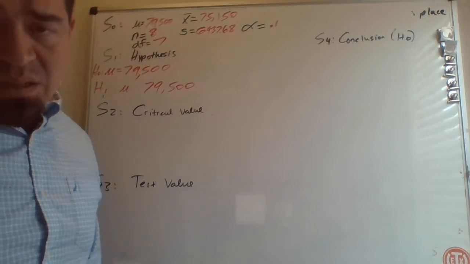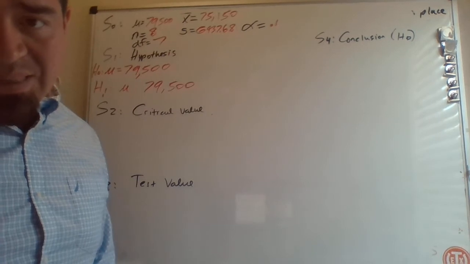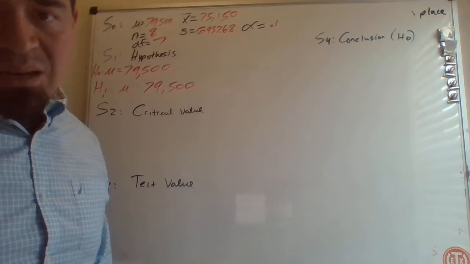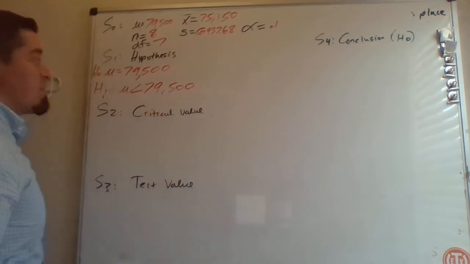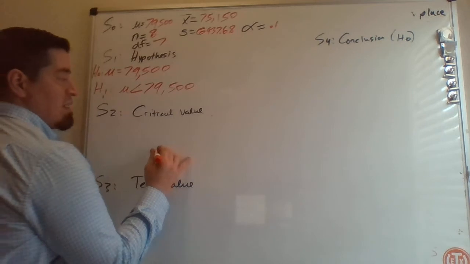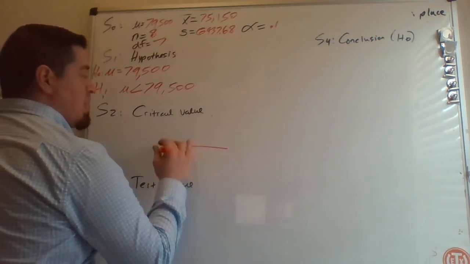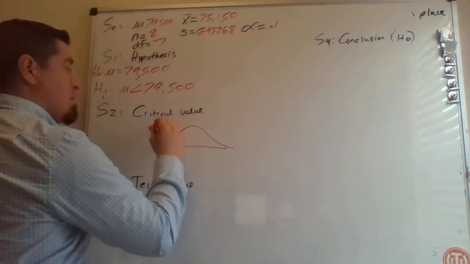So is there evidence to support the researcher's claim? The claim is in the second sentence: a researcher wishes to test the claim that the starting salary is less than. Okay.